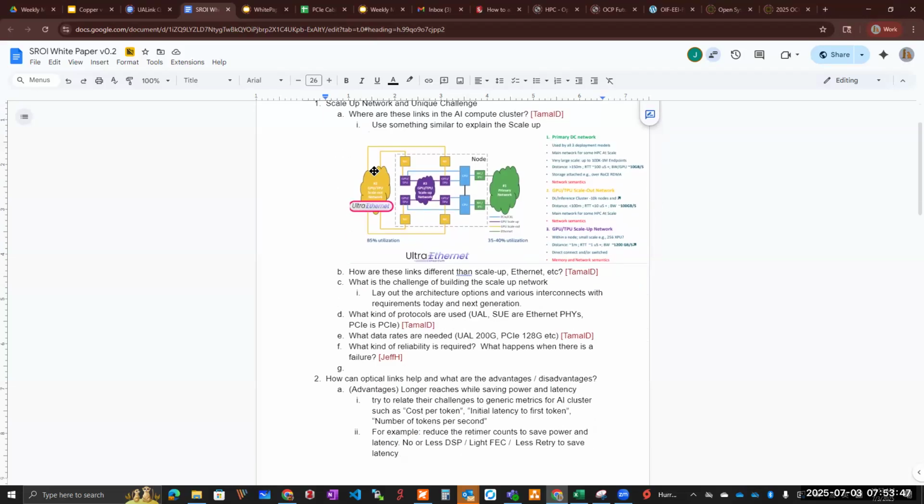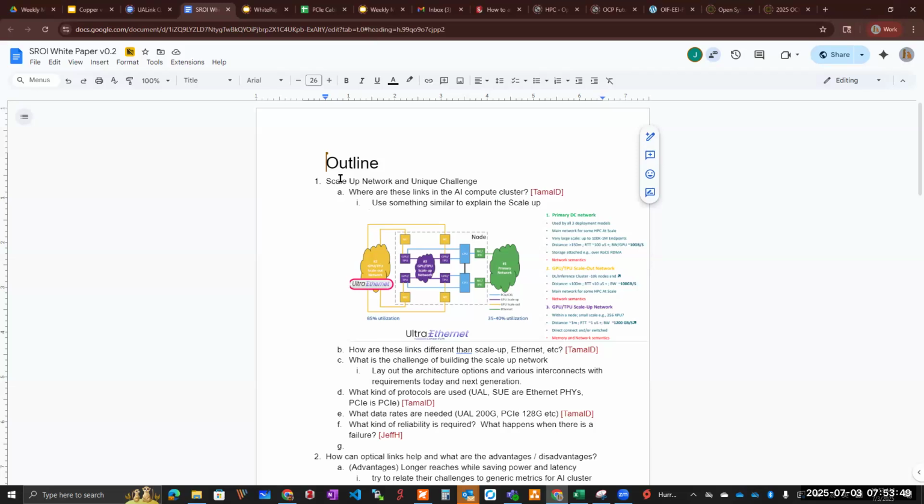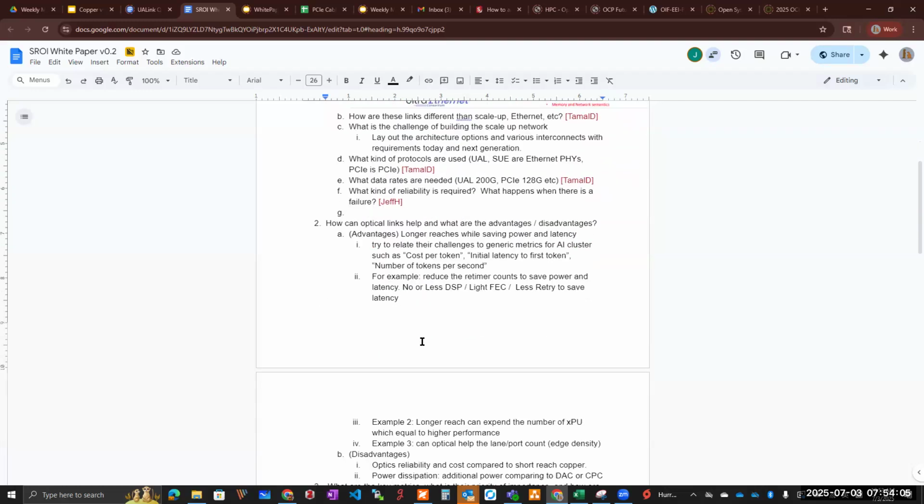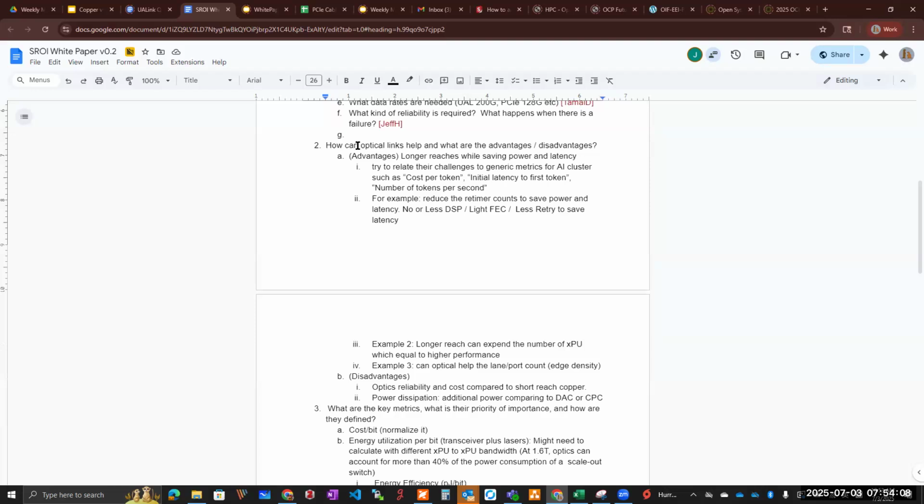So as you can see, it comes with an introduction of the scale up network and the unique challenges for that. There are some detailed thoughts, and I'm glad people have already signed up. And then we go into the optical link advantages and disadvantages.